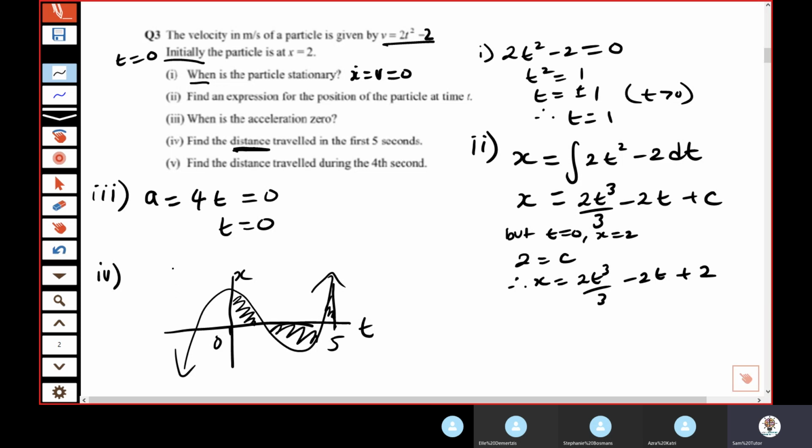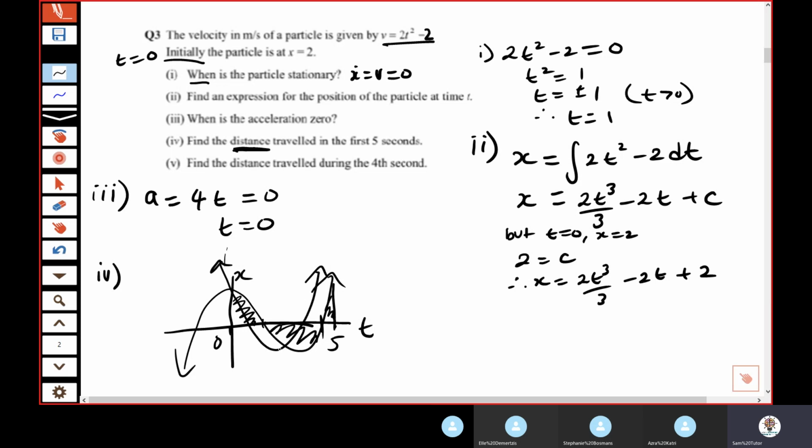Let me just make sure I didn't get it wrong as I'm talking. Where was I? I'm here with my velocity.